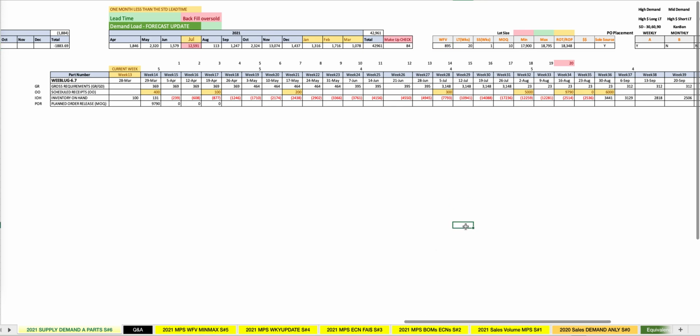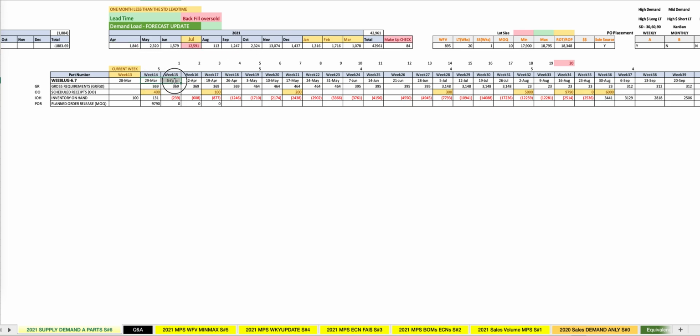Once you do that, the next thing to do is lay out gross requirements. This is a very well-known term in the supply chain world. The gross requirements basically correspond to your demand.